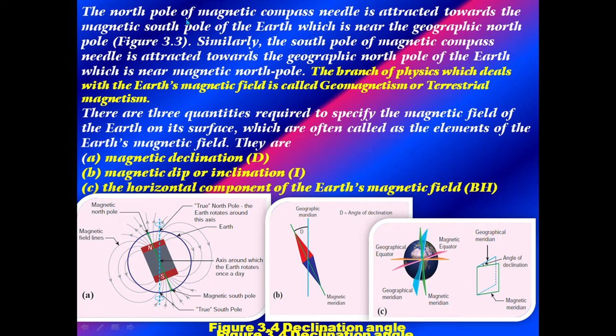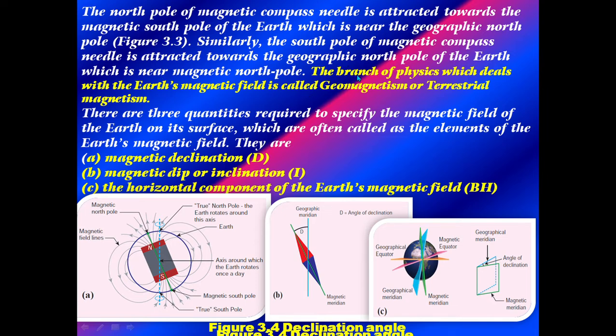Because opposite poles are attracted to each other. That is why the north pole of the compass needle is attracted towards the magnetic south pole of the earth, which is near the geographic north pole. Similarly, the south pole of the magnetic compass needle is attracted towards the magnetic north pole of the earth, which is near the geographic south pole.